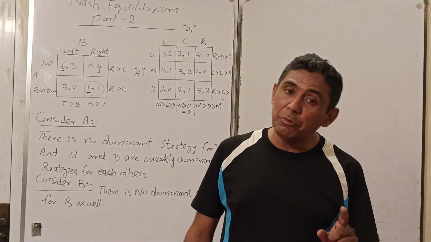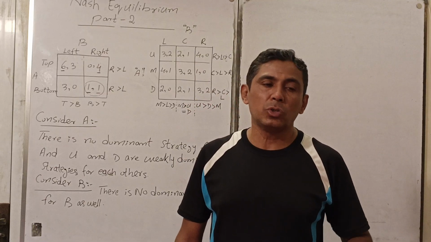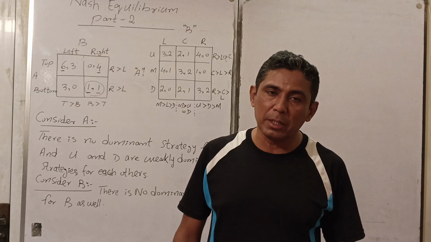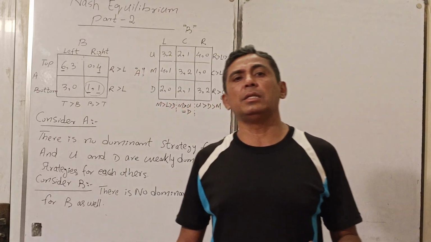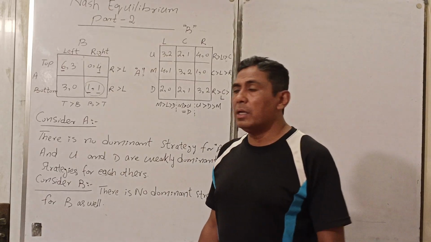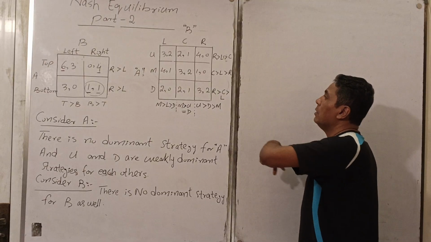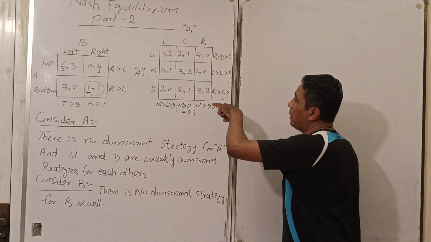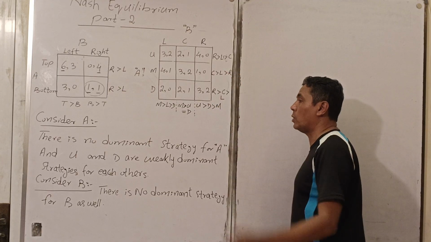We have decided how you can select the dominant strategy and how you can eliminate the dominated strategy in my previous video. In this video, we have no dominant strategy for the second matrix, for individuals A and B as well.